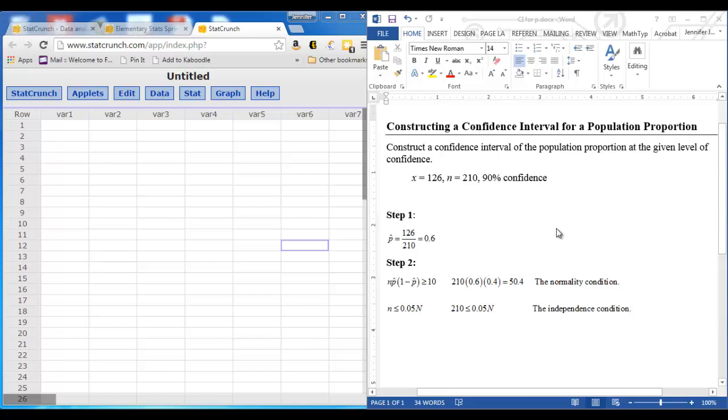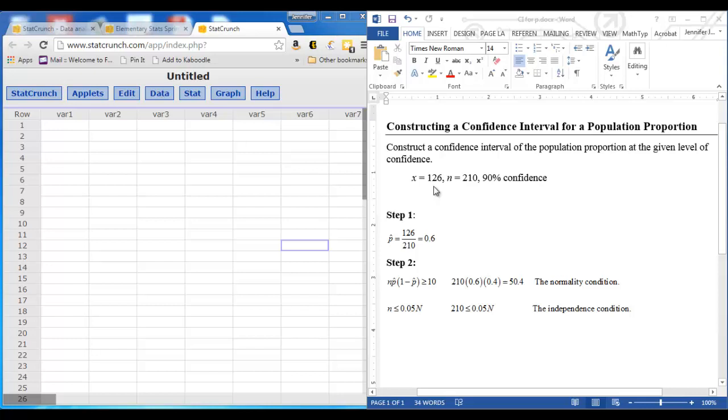So let's consider the example I have over here on the right. It says we want to construct a confidence interval of the population proportion at the given level of confidence. So it tells us that x is equal to 126, and in this case, x represents the number of individuals in the sample with the specified characteristic with which we're looking.